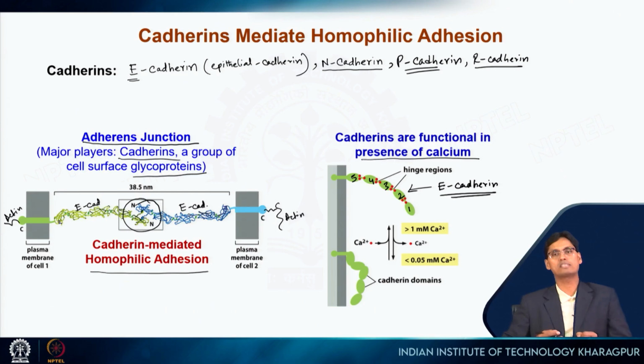If you deplete calcium, if you take out calcium, then the cadherin structure will collapse and they cannot mediate cell-to-cell adhesion. Even the name cadherin came from this: the first letters are because of calcium, they depend on calcium. During the discovery, when scientists understood that they only work in the presence of calcium, they got the name cadherin.